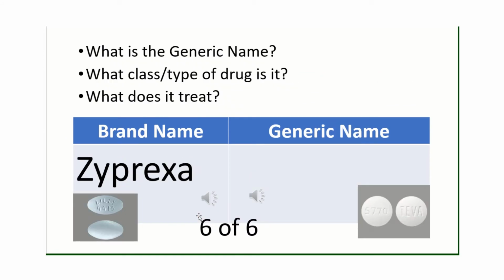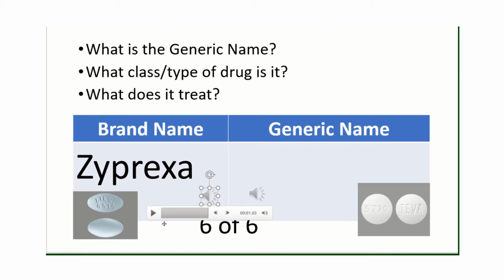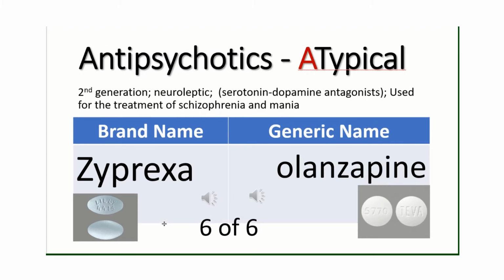What is the generic name for Zyprexa? What type of drug is Zyprexa? What does Zyprexa treat? The generic name for Zyprexa is olanzapine.